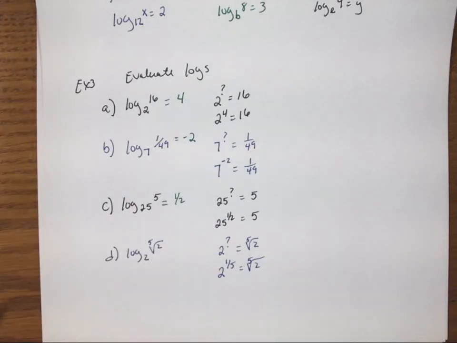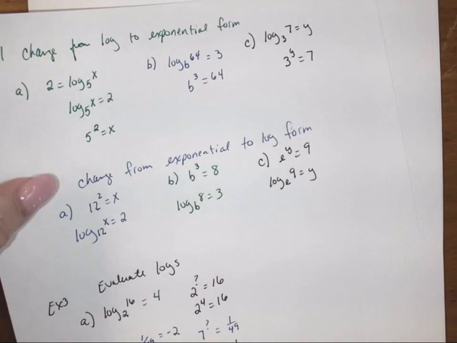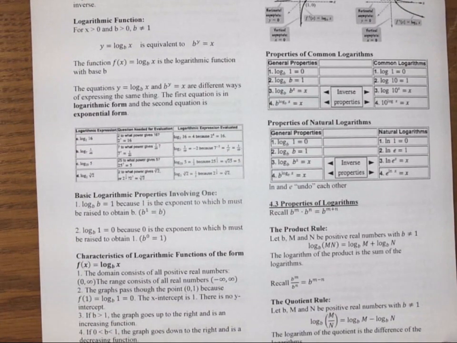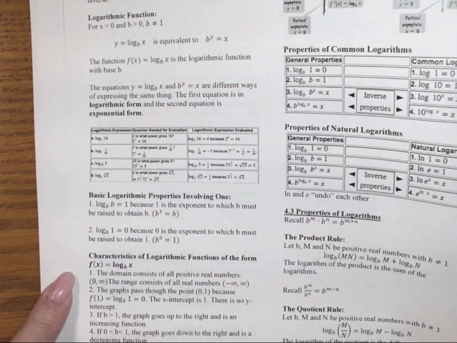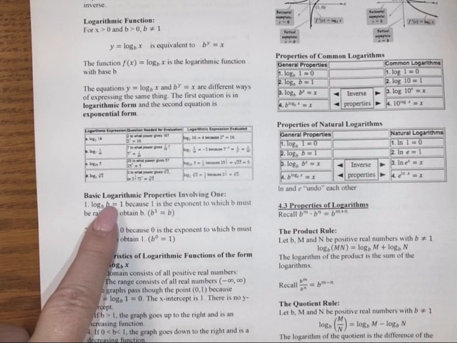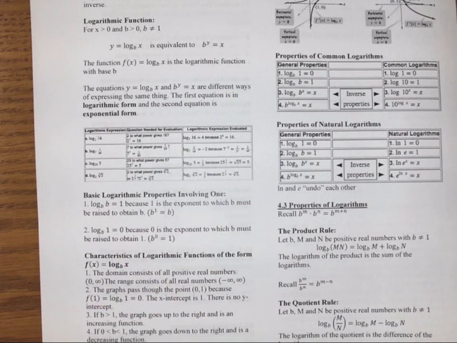All right, so now we're going to look at some common log properties. So basic log properties involving 1. We've looked at log base b of b equals 1 because 1 is the exponent to which b must be raised to obtain b.